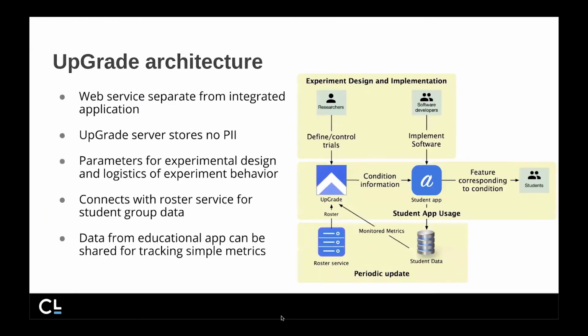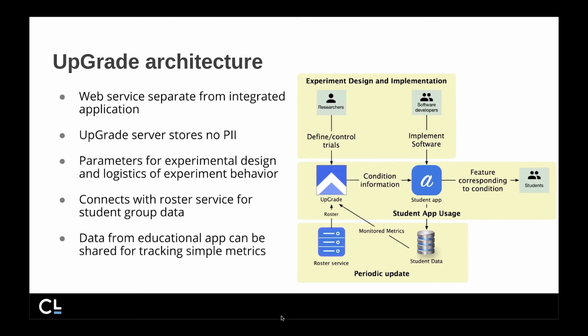So very quickly, in terms of actual architecture, UpGrade operates as a web service that is totally separate from the educational app with which it's integrated. It doesn't collect or store any personally identifiable information about students. And it really acts primarily as a layer for managing experimental design parameters and logistics.